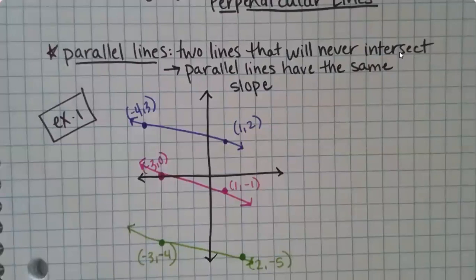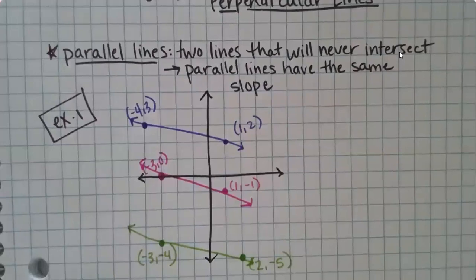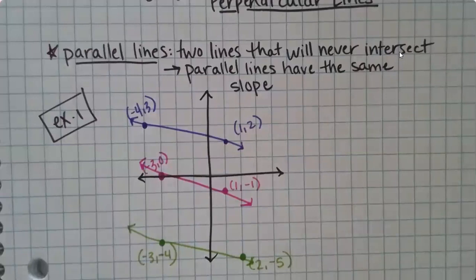Now, in this graph, none of these lines intersect, right? It does not mean, though, that they're parallel lines. The only way, like I said before, that we can determine and prove that they're parallel is by finding their slopes.